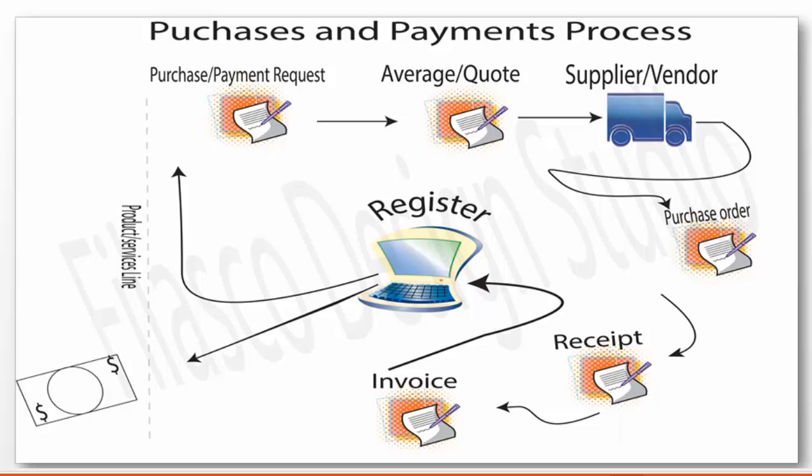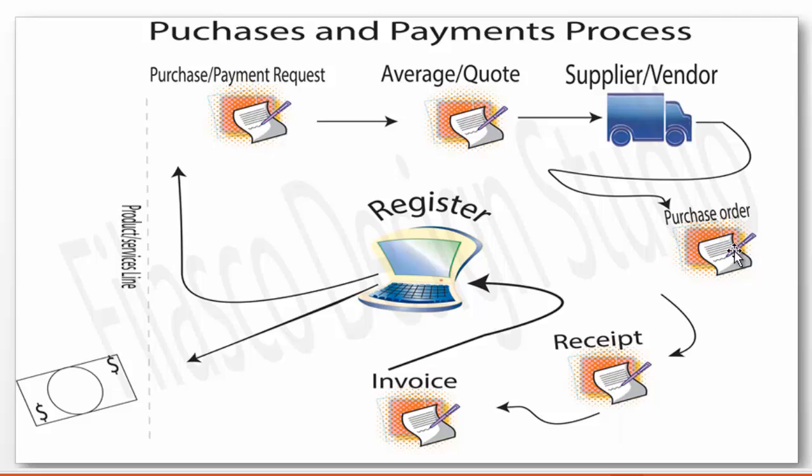So if you keep track of how much you pay for things, it will help you average things over here, because you know the price to expect when you are about to get a service or purchase an item. Then you turn to the vendor or the supplier.